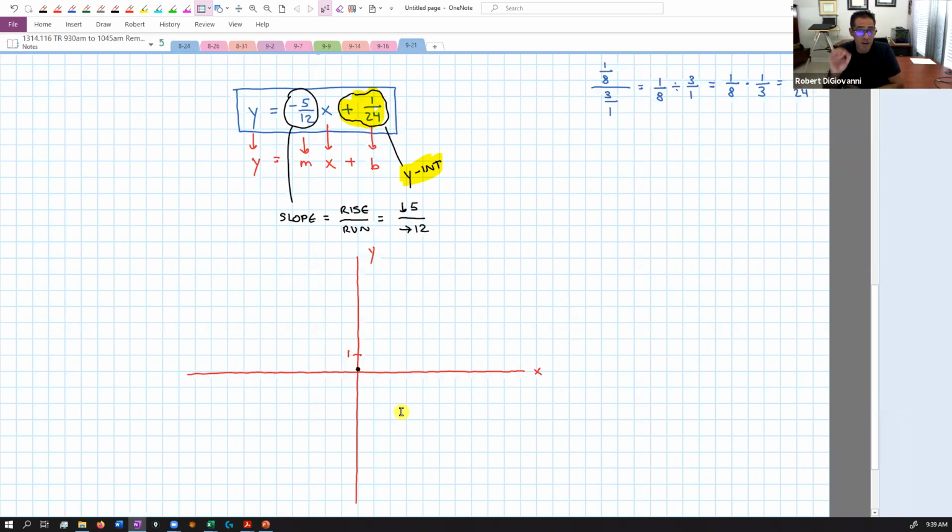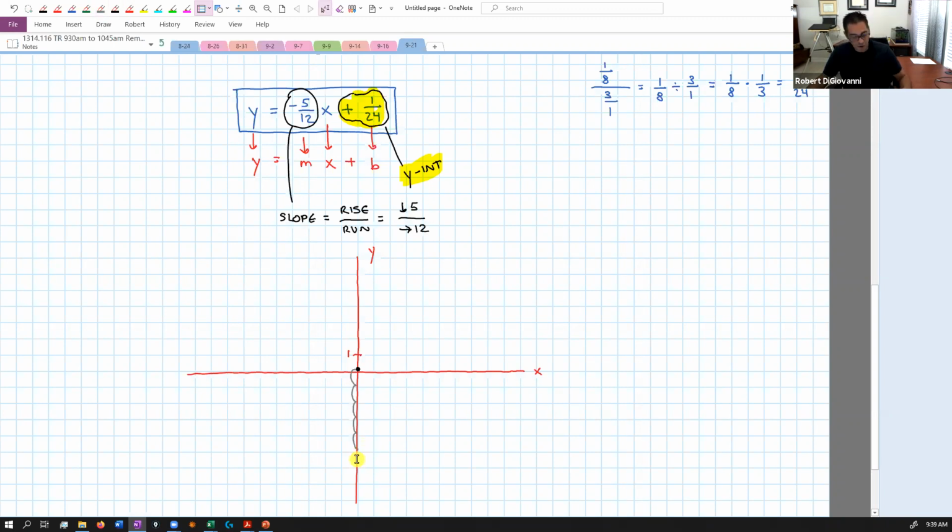Now, to get to another point on our line, we only need 2 points to draw a line. To get to another point, we're going to move down 5 and to the right 12. So from here, I go down 1, 2, 3, 4, 5. I should land somewhere right there.